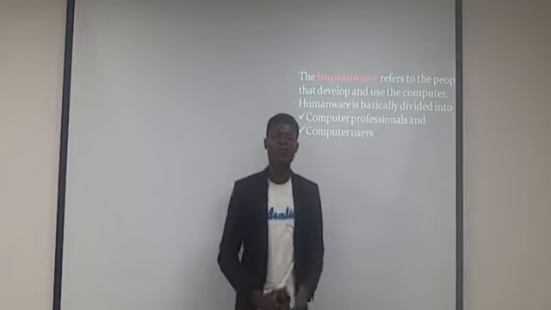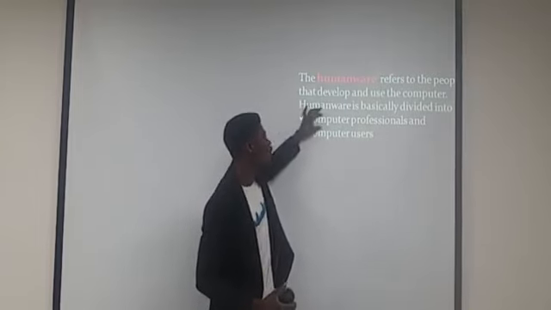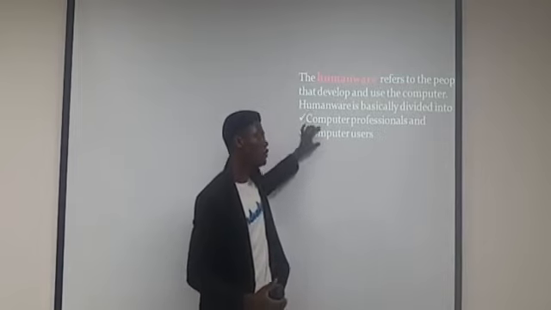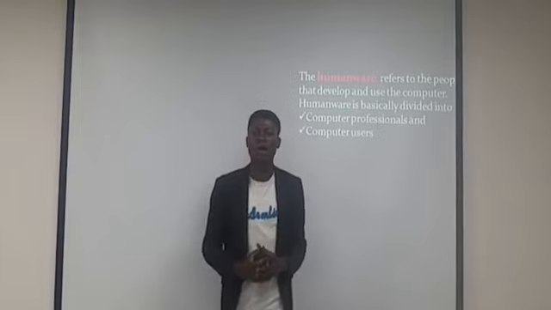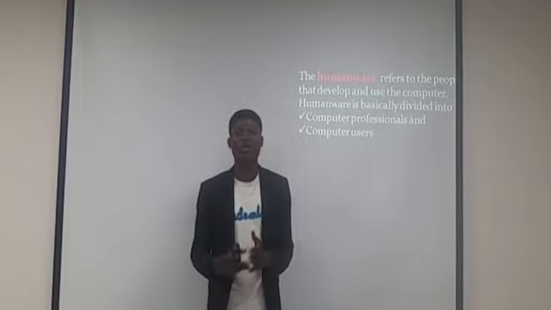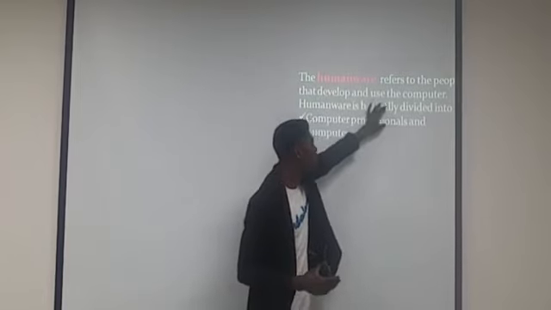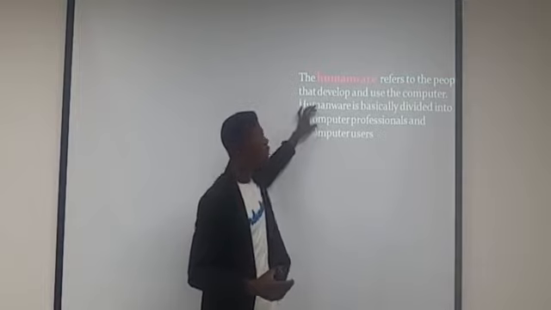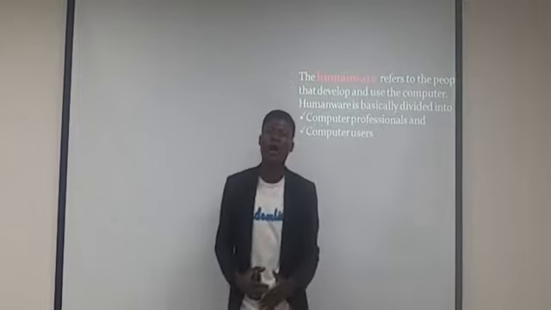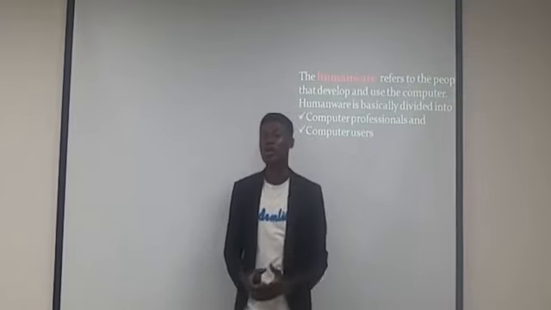Okay? Examples of such could be what we have as computer professionals and then the computer users. So all the people we can refer to as computer humanware can be divided into the computer professionals and then the computer users. So when we talk about the computer professionals here, they are the people who are highly skilled, who have acquired formal education on computers.